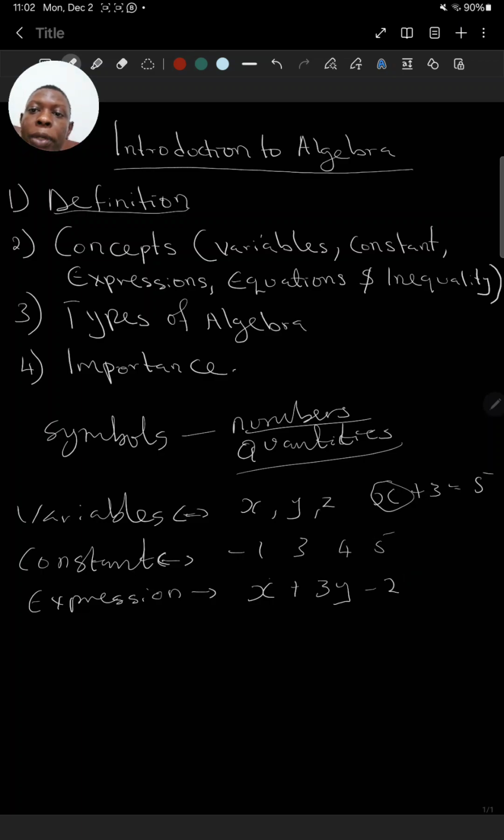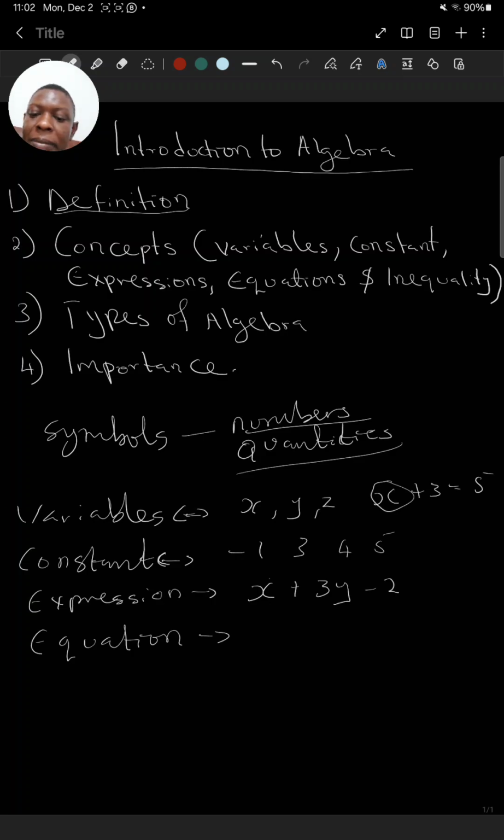All right, another important concept is equation. What is an equation? An equation is simply a statement that two sides of an expression are equal.